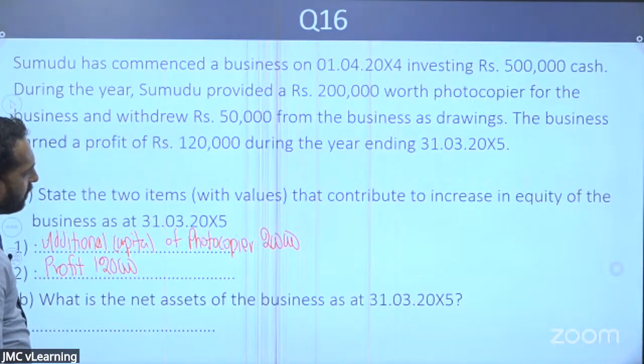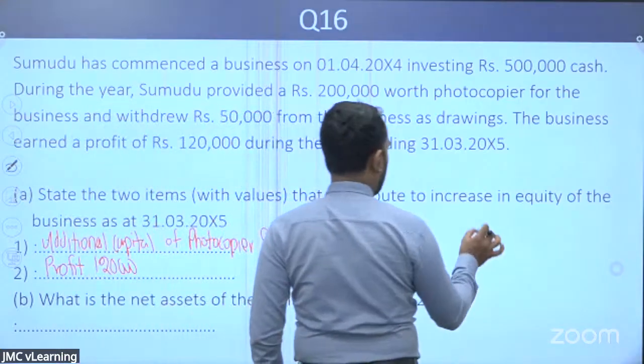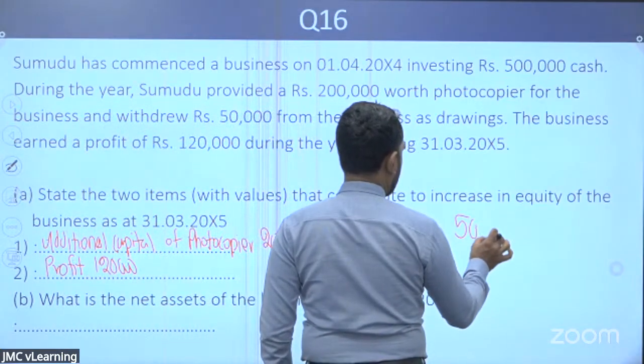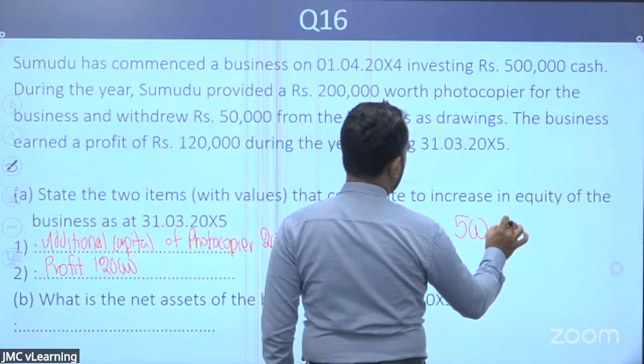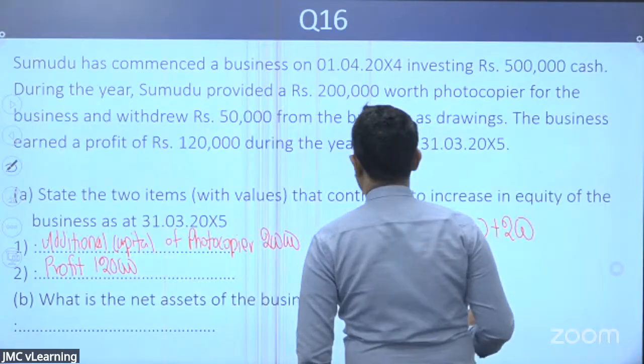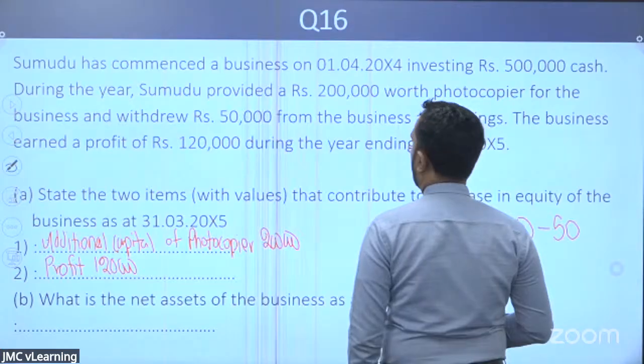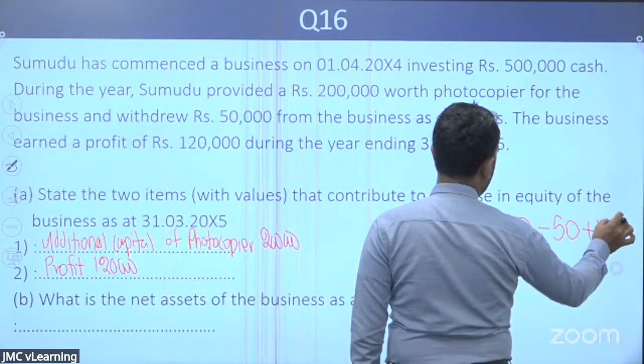What are the net assets of the business as at 31st of March? Right, you started with 500, then you invested 200, then we withdrew 50 and earned a profit of 120.